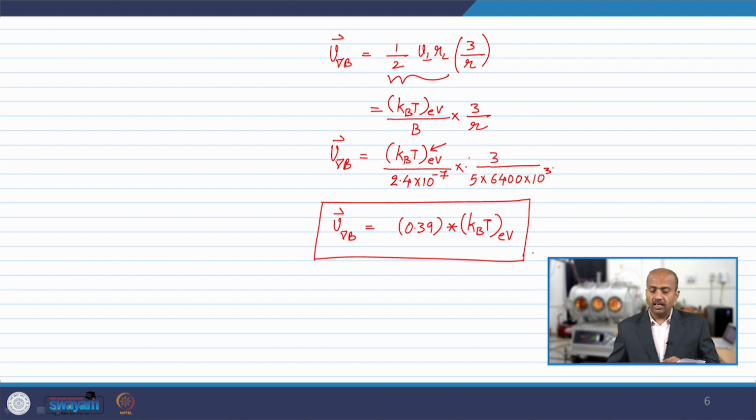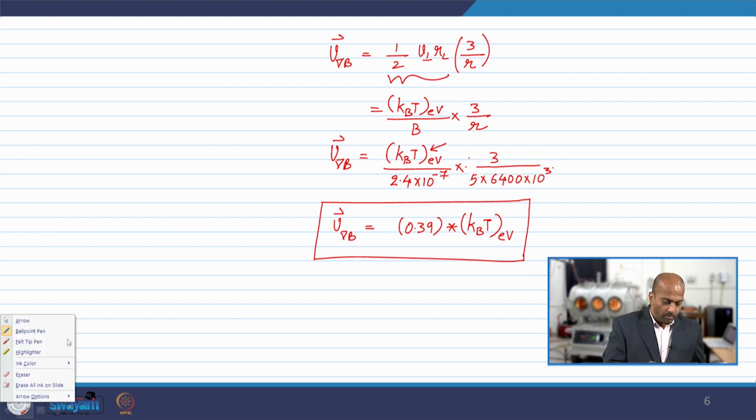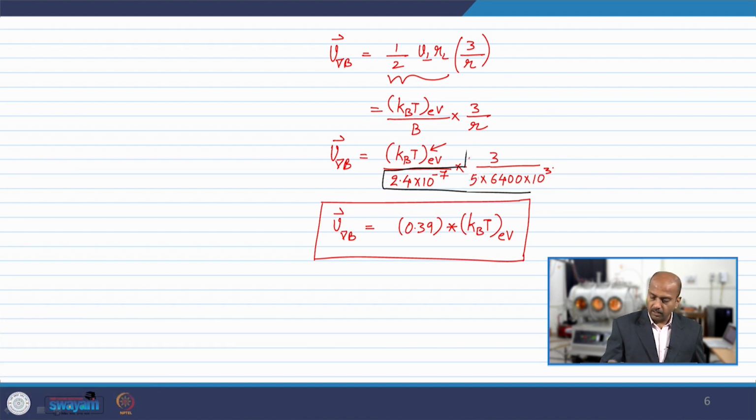How did I get 0.39? 0.39 is just the algebraic simplification of this entire factor, 3 by 2.4 times 10 to the power of minus 7 divided by this entire factor, will be equal to 0.39.